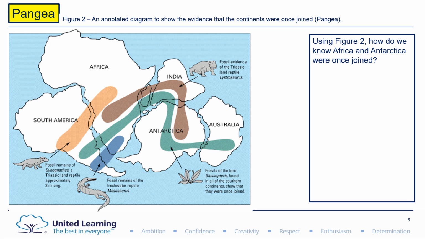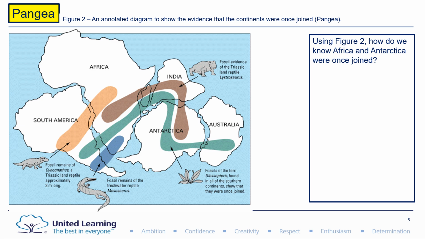In addition, we can see here at this figure 2, other evidence that the supercontinent Pangaea existed. We've got fossil evidence. This fossil evidence shows us that a land reptile, the Lystrosaurus, has got fossil remains found in Africa, India and Antarctica. As we know today on the world map, those three continents are all separated by large oceans.